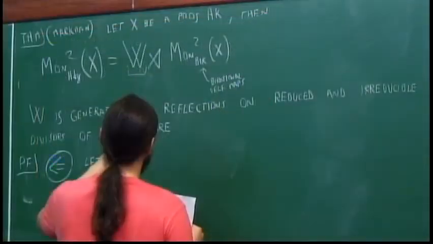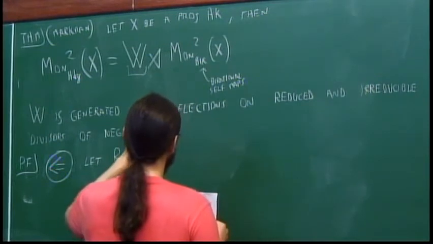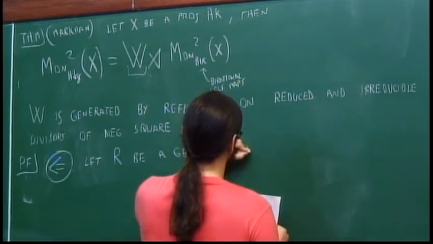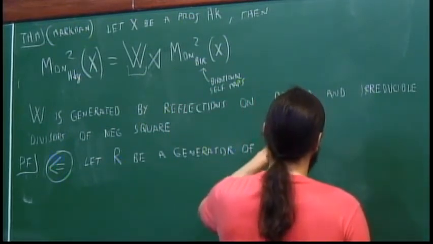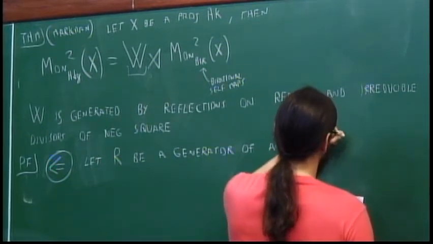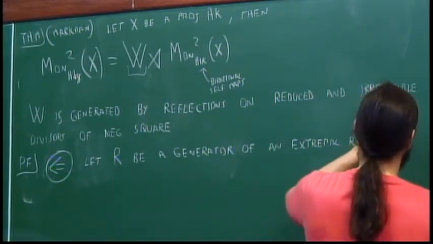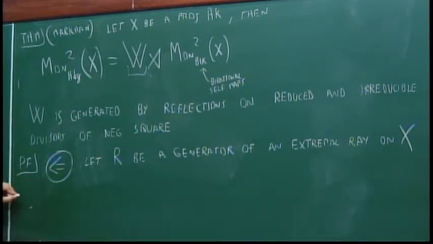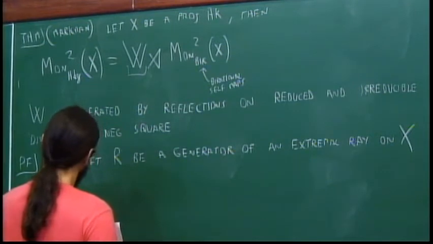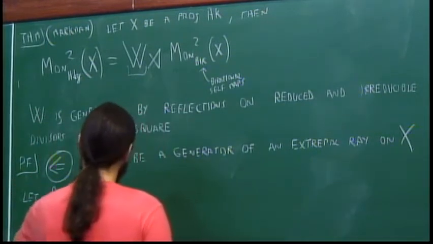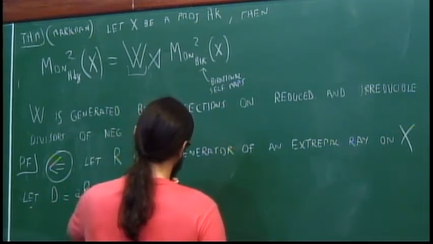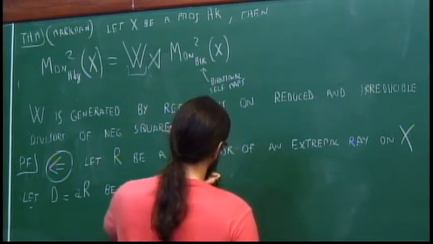So let R be a generator and let D equal a multiple of R be a primitive divisor.